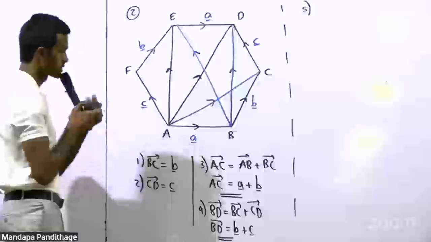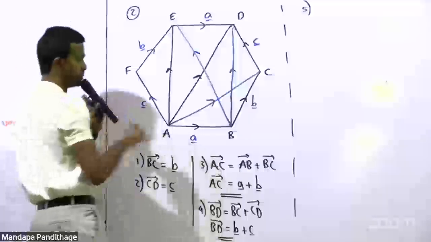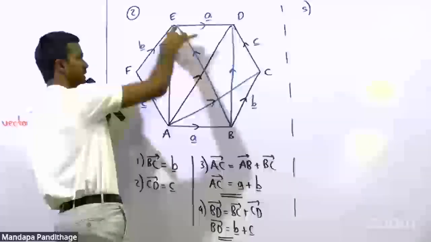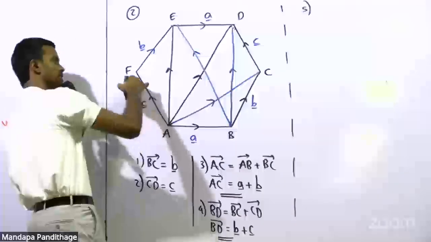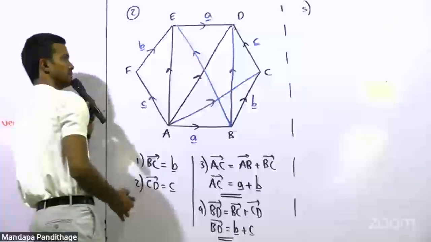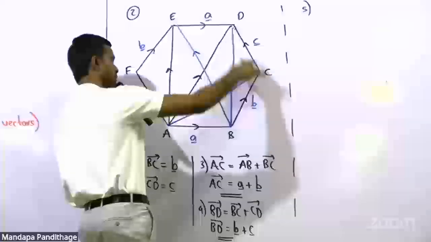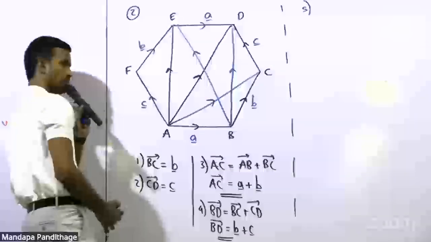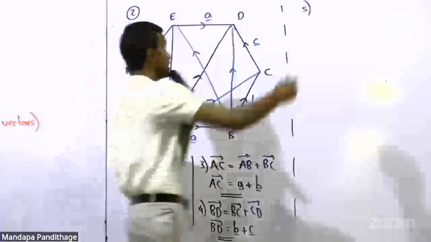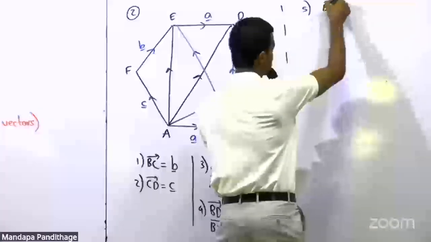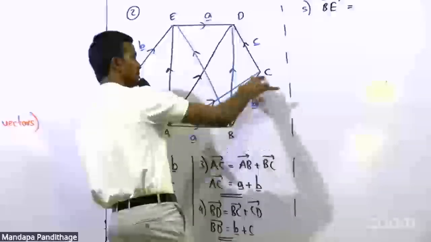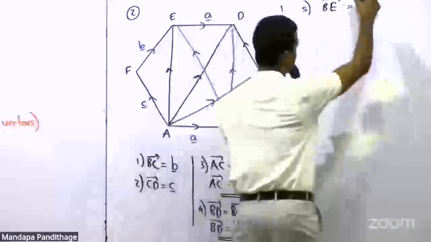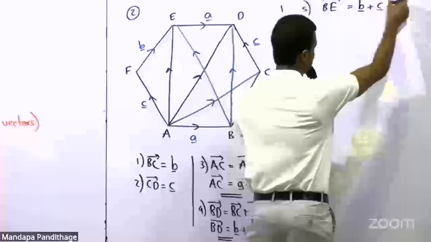I told you, start from B and go to E. If you take this path, it's minus A plus C and plus B. Even if you take this path, B plus C minus A. So you can write BE in this way. What is BE? It's B plus C minus A.